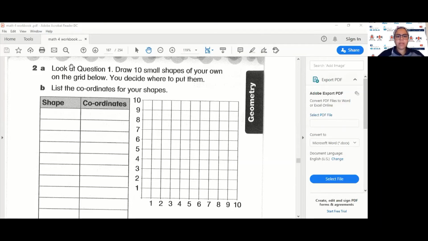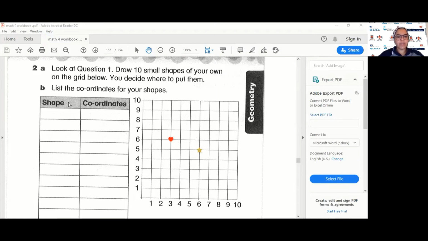For example, here, I'm going to put a heart. So I'll put 1 here and 1 here. That's it. And then I'm going to write the coordinates of the heart. By the way, he wants you to draw 10 different shapes, okay? So I'm just going to put 1, and for example, the second one is star, okay?